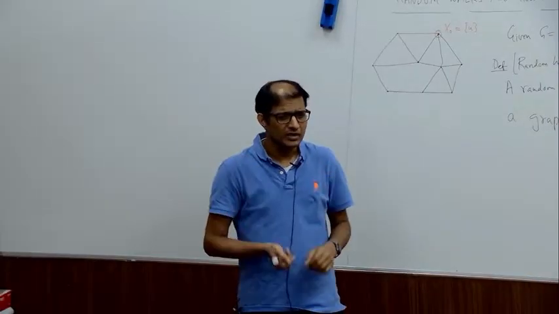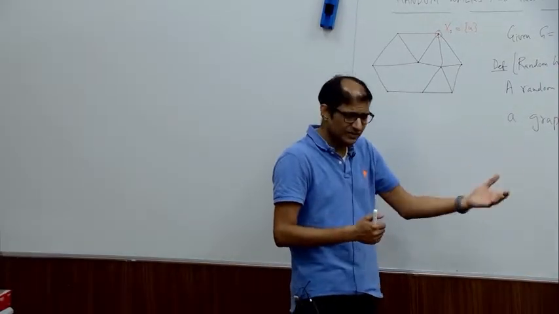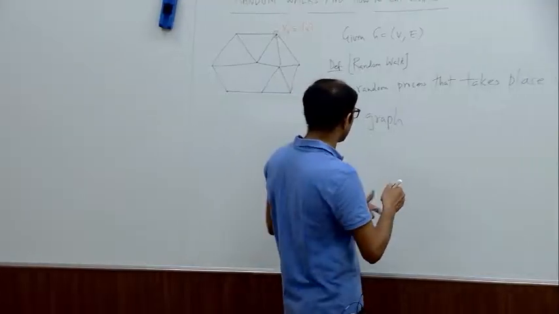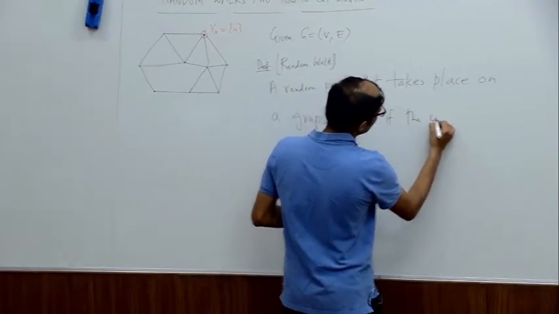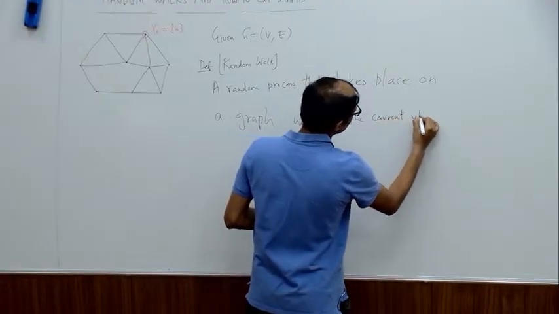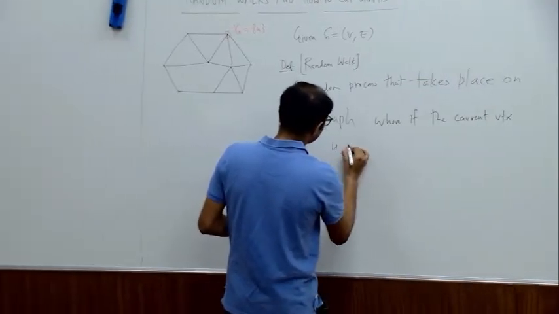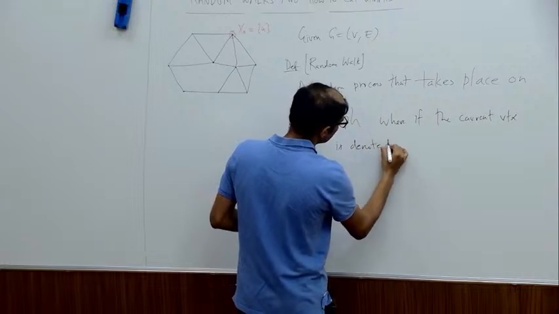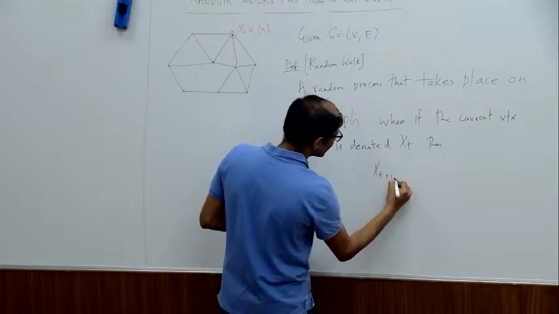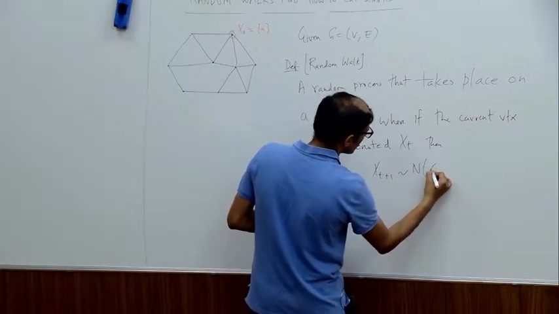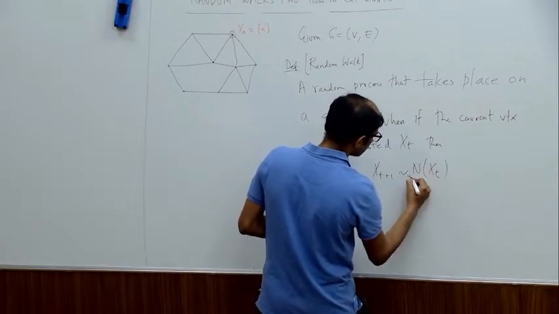So I go to some random neighbor and I keep repeating this. If the current vertex is denoted xt, then xt plus 1, the next vertex, is chosen to be a uniformly random neighbor of xt.